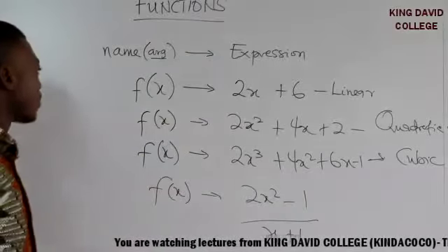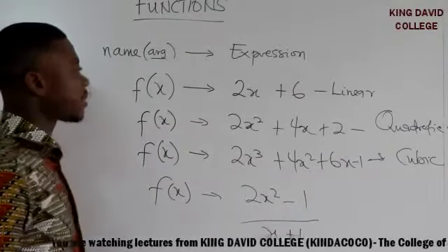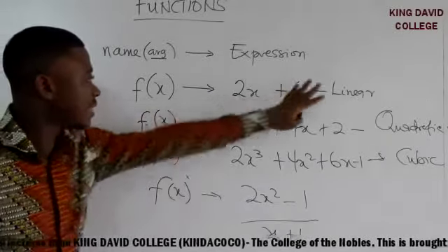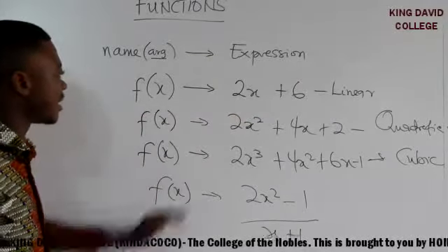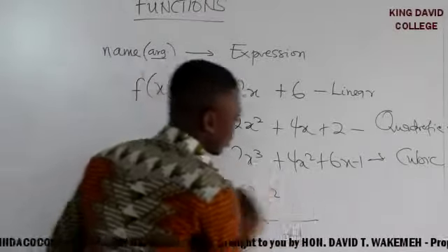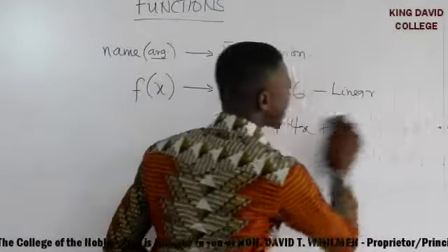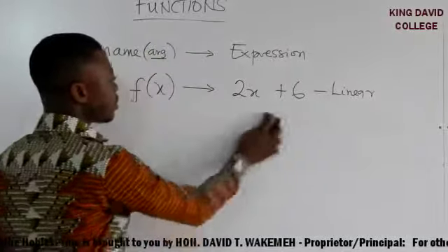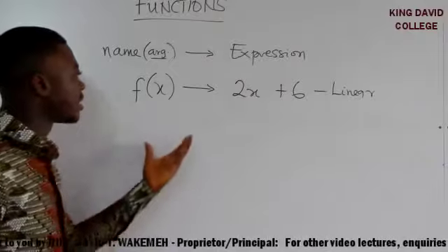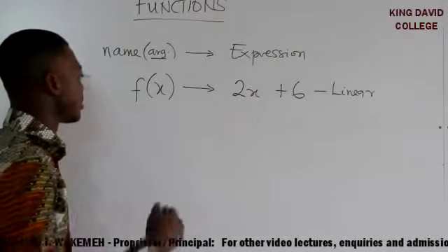Okay, so let's pick a linear function for a start. So let this function be there. Let me take off this. So we'll use this function. Then with this function given to you, let's say they ask you to find the image.